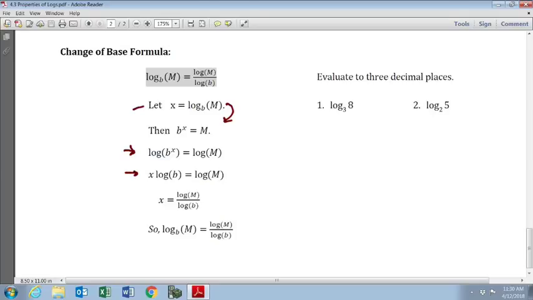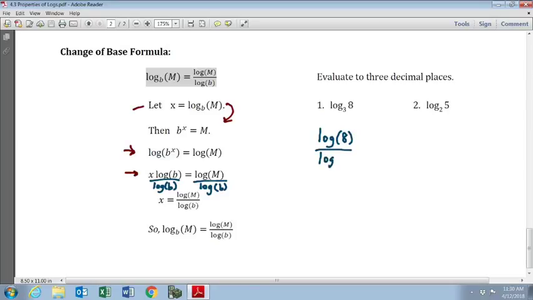So now at this point we're trying to get x by itself, so we can divide each side by the log of b, the common log of b. And so you can see that we end up with x equals the log of m over the log of b. Actually, let me finish the proof. We said x was log base b of m, and so we have the proof.